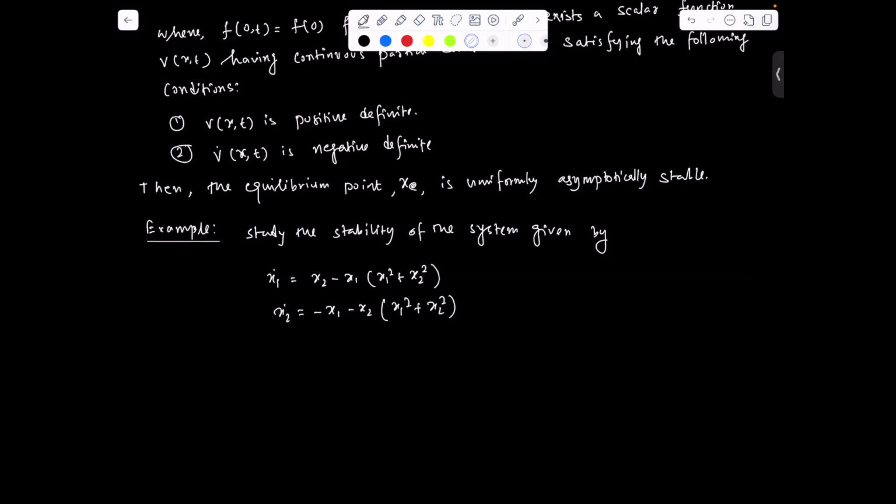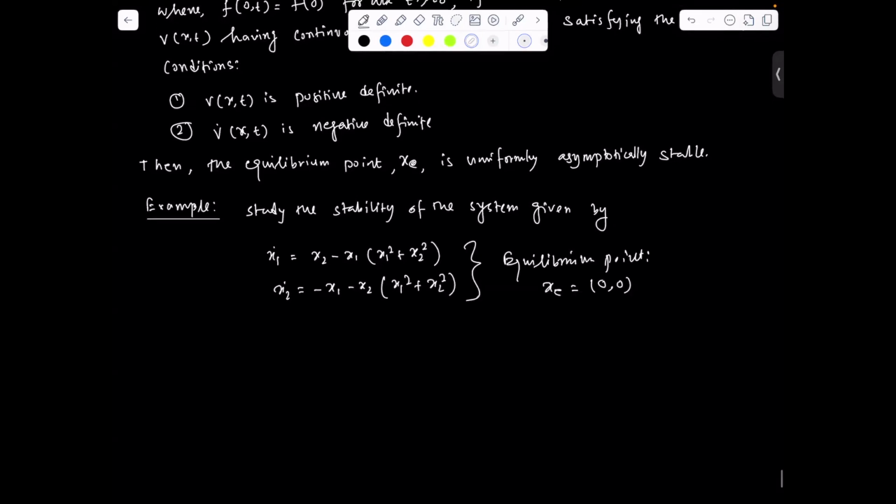Now we'll find the equilibrium point for the system. The equilibrium point for this particular system will be 0, 0. We can easily find it. We have done a lot of examples in our previous lectures on how to find the equilibrium point. Now, here we'll find a positive definite scalar function.